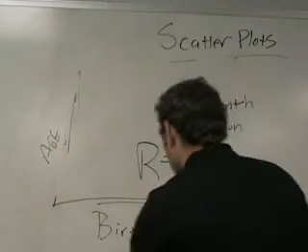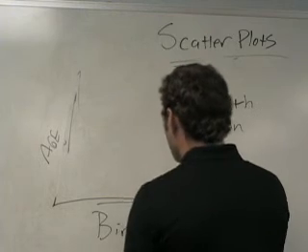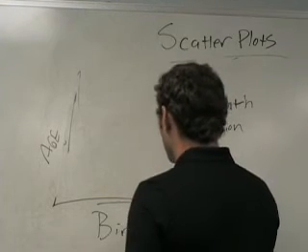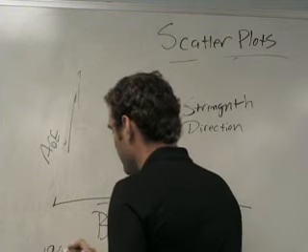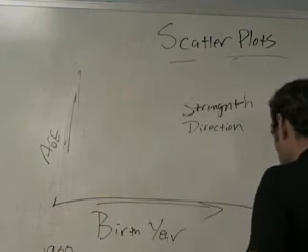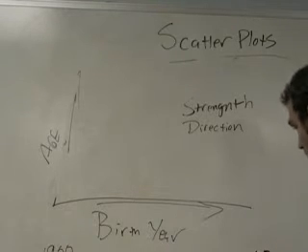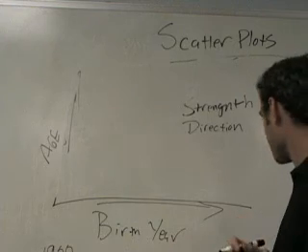Yes? And so let's look at this. As your birth year decreases, if this graph starts at 1900 and goes up to 2000, I'm assuming we don't have anybody who was born after the year 2000.